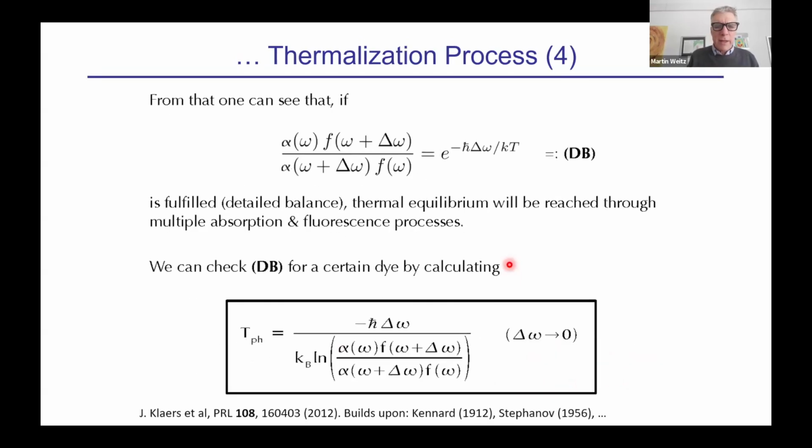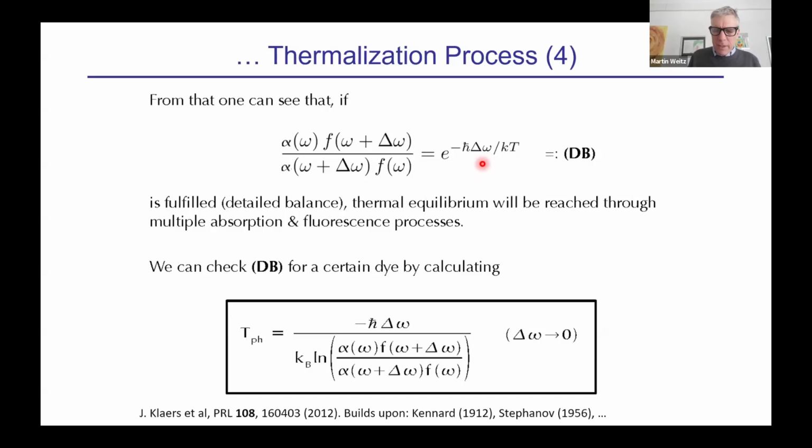What this means is that we require that alpha of omega times f at frequency omega plus delta omega, divided by alpha of omega plus delta omega times f of omega, is this Boltzmann-type scaling.